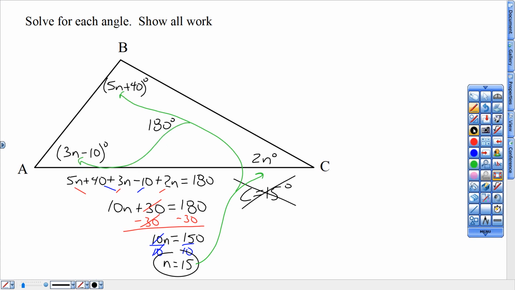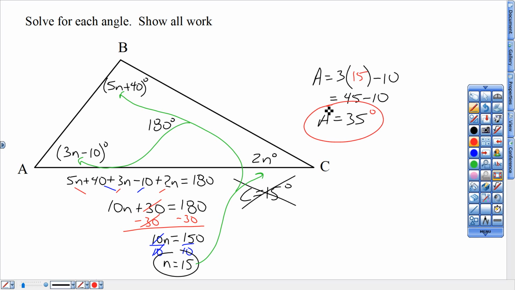For A, let's do A first. I got 3 times 15, which I believe gives me 45, minus 10. I do that math, and that should give me 35 degrees for A. If I do B, that's going to be 5 times 15 plus that 40.